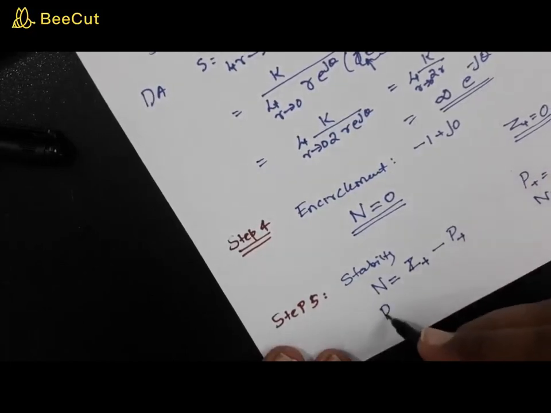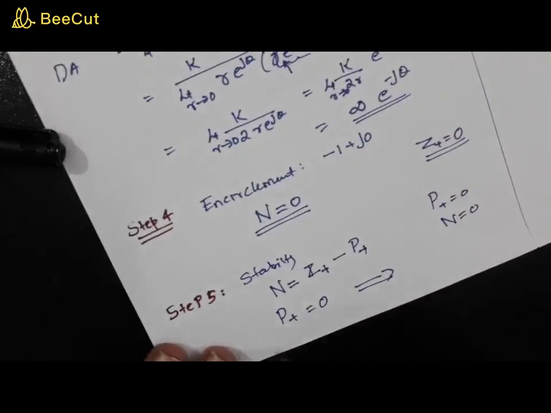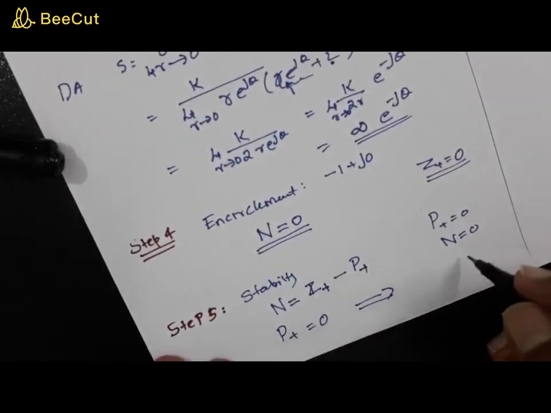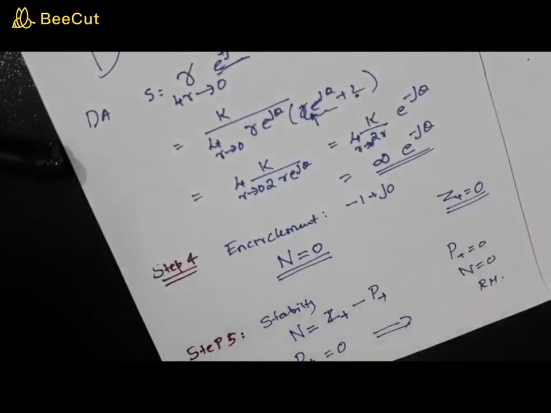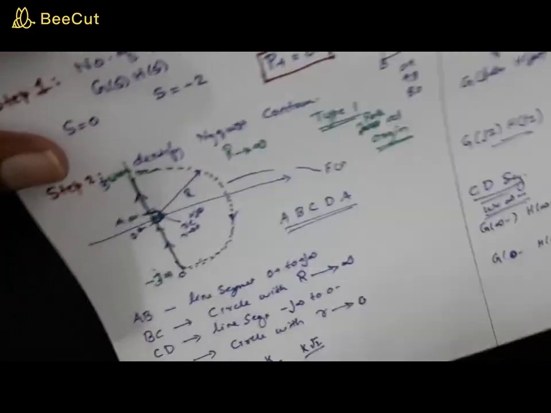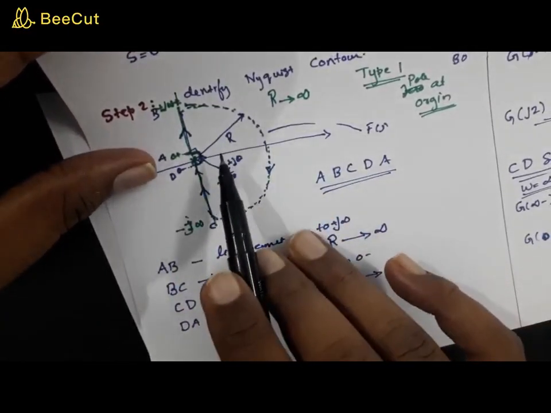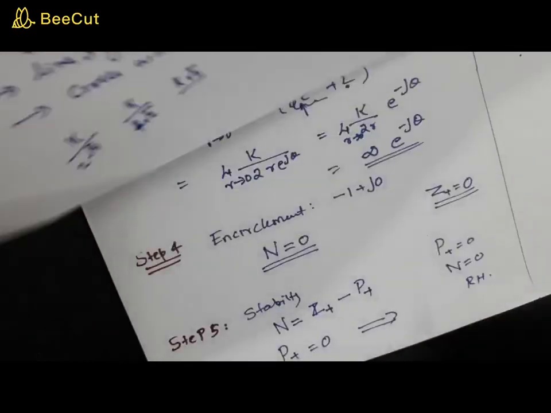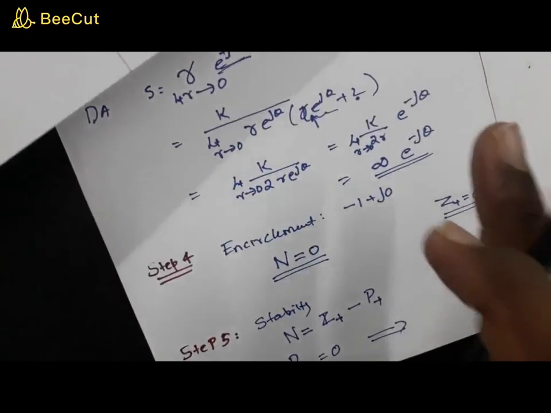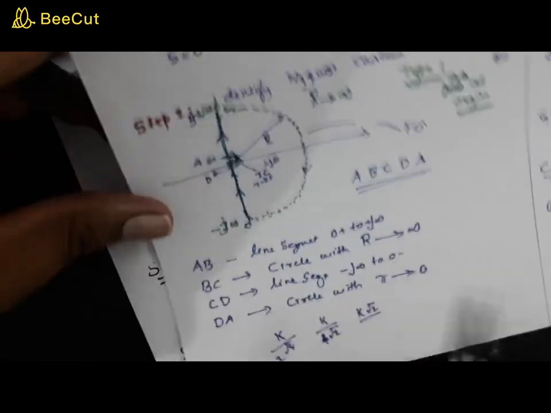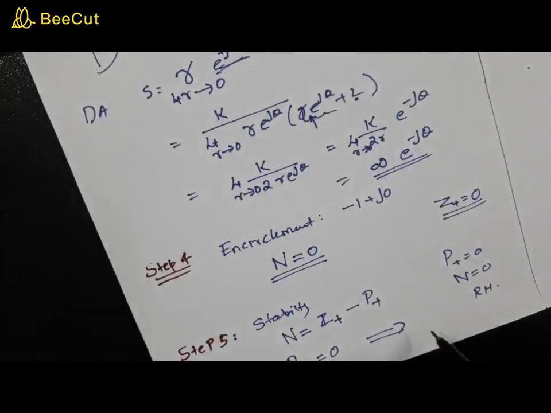P plus is the number of right half poles of the characteristic equation, 1 plus GSHs, enclosed by this S-plane, and we found that to be 0.